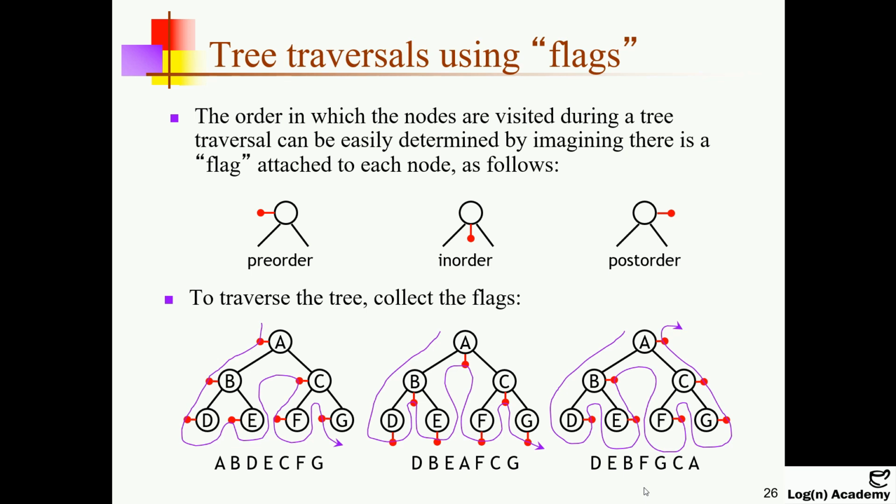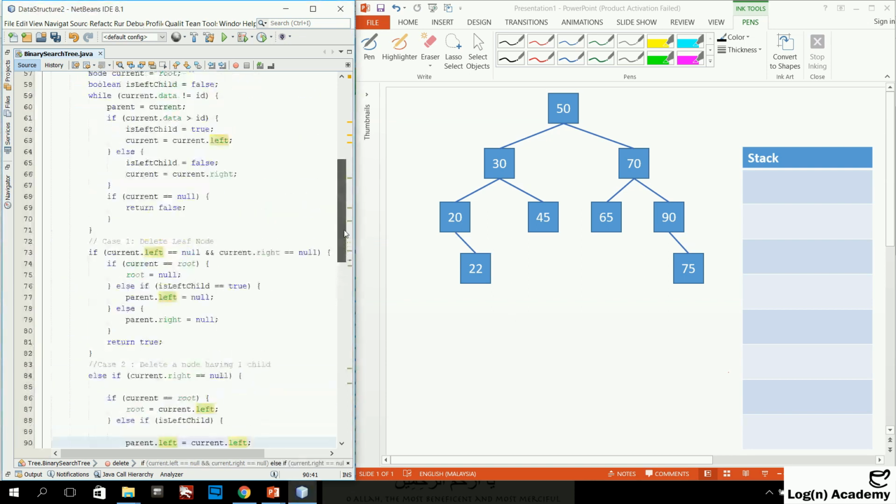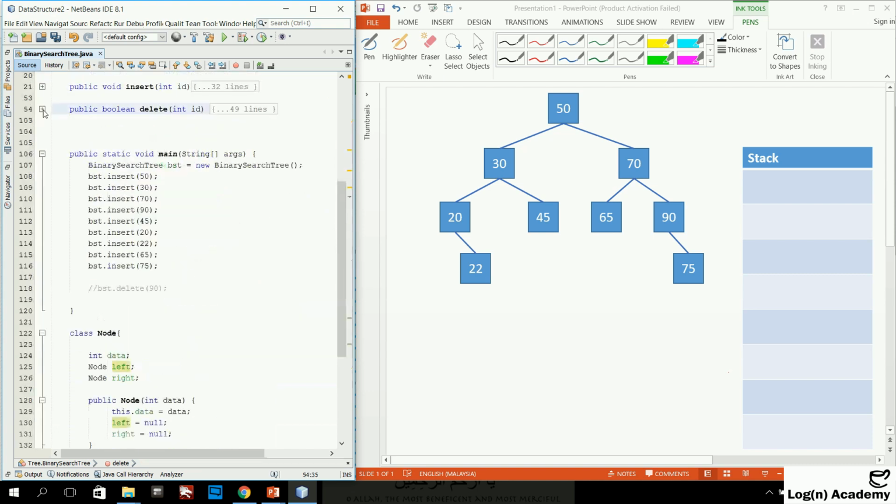And I will show you the recursive working of in-order traversal. As you can see here, I have the NetBeans IDE on the left-hand side, and I have a PowerPoint presentation on the right-hand side. So this is a delete method. Let's collapse this.